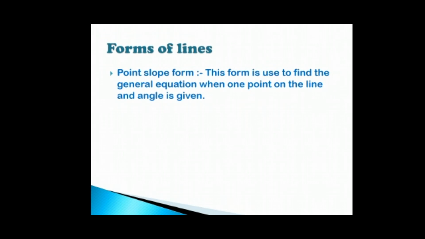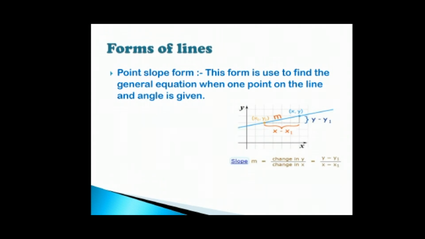Now let us come to different forms of line. The first form is point slope form. This form is used to find the general equation when one point on the line and the slope is given. So from the diagram it is very clear. I have the knowledge of one point, that is x1 y1, and I take an arbitrary point x y on the line. So I can get the equation of line.